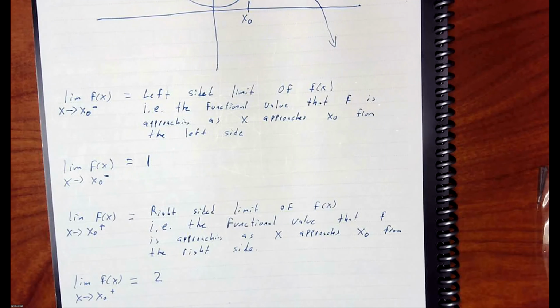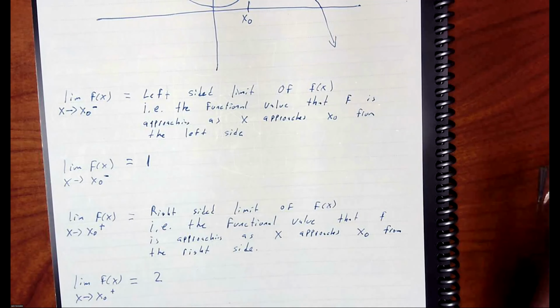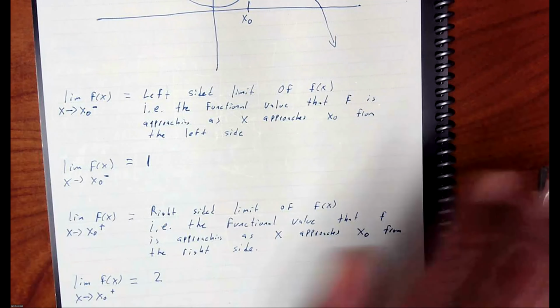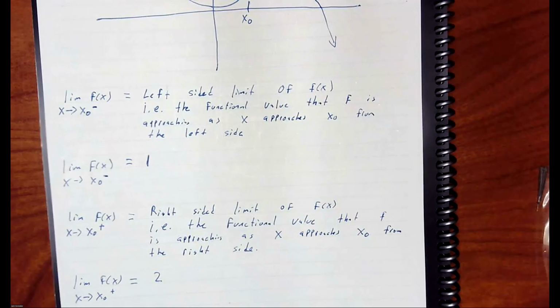X naught is just a random x. But let me give you a graph where we can move the numbers around. They can see it. Give me a second. An interactive graph.